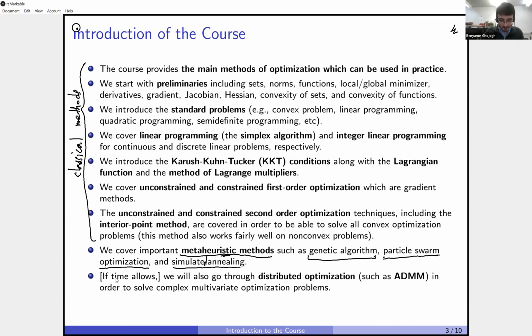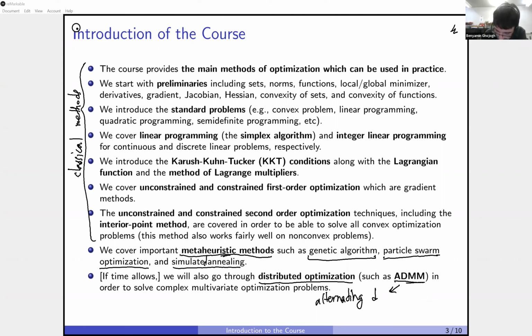Okay. If time allows, we'll cover distributed optimization. The most famous algorithm in distributed optimization is ADMM. It's short for alternating, I think, distributed. Let me search it. I forgot what it is short for.